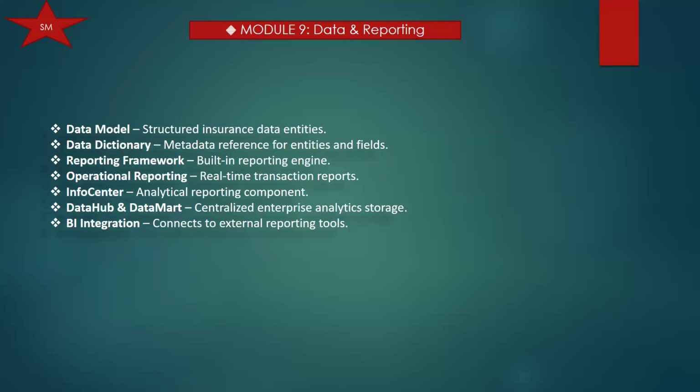The data model structures insurance data entities, so insurance data entities are defined in a well-structured way in the data model feature. And the data dictionary is basically a metadata reference for the entities and fields. You can use the data dictionary.